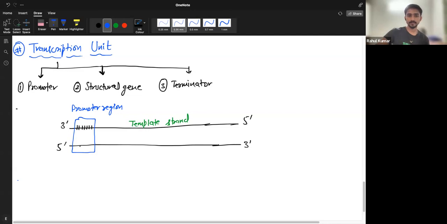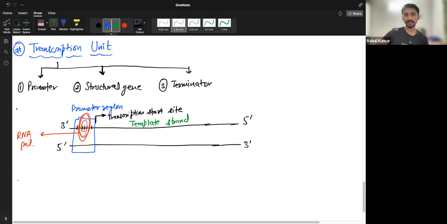So here the RNA pol comes and sits. This is DNA dependent RNA polymerase. And it's from here that transcription starts in this direction. So this is called the transcription start site. And it will go all the way till the end.